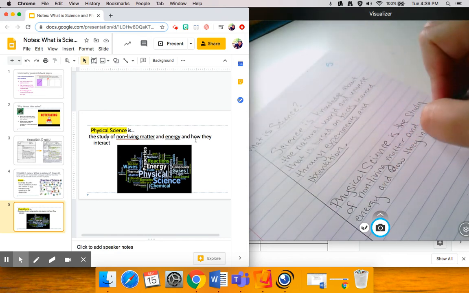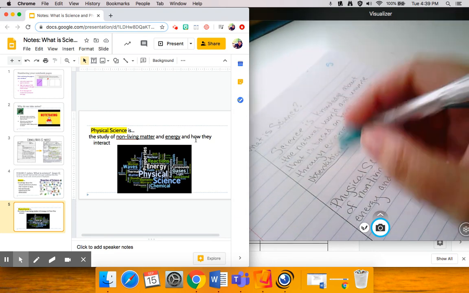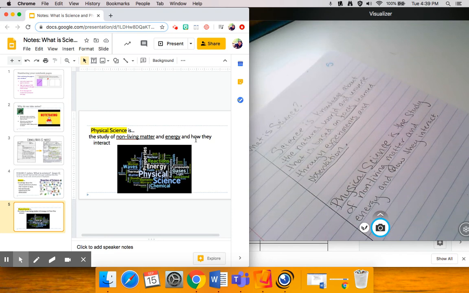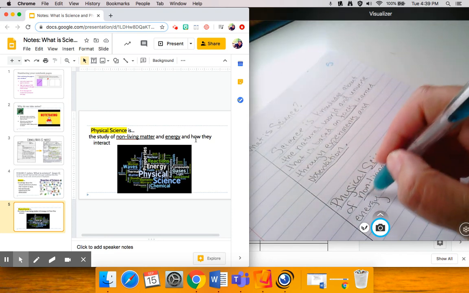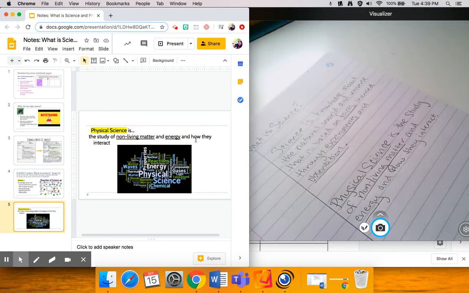Make sure you take your time when you're writing your notes and write slow enough that you can go back and read them and they make sense to you. So physical science is underlined clearly because that's an important vocabulary word, as well as non-living matter and energy, because those connect to our vocabulary word.